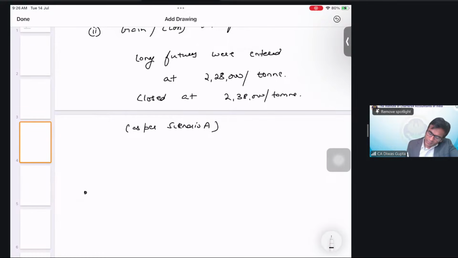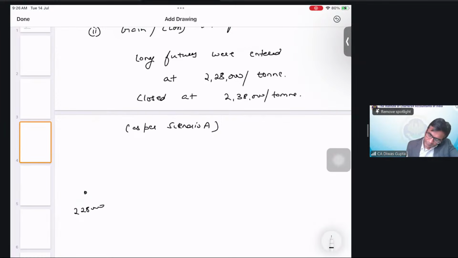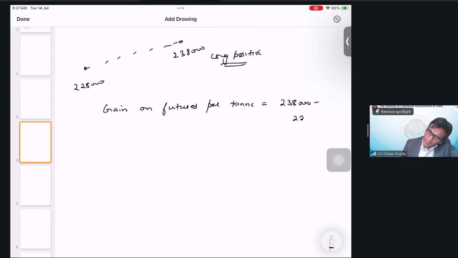Now, I have actually purchased at 2,28,000 and the price has gone up to 2,38,000. So it's a gain, right? Gain, because I have taken a long position. In case of a long position, if the prices increase, we tend to gain, right? So gain on futures per ton, 2,38,000 minus 2,28,000, which is equal to 10,000 per ton.